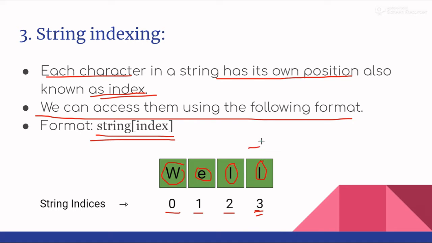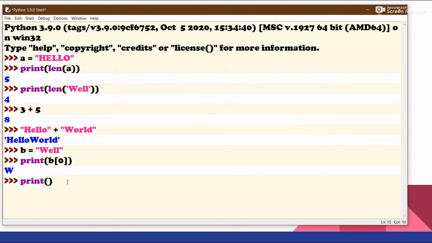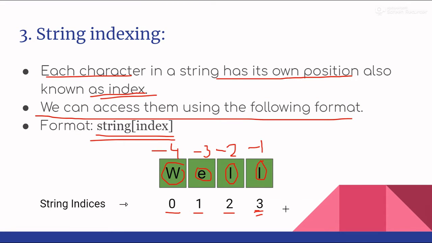This one can also be represented with an index of -1, then -2, then -3, and then -4. So in place of 0, we can also use -4 to represent that character. Let's test it out. Let's say -4, and see, we again got W. It's because the indexing can be done on either the positive side or the negative side.